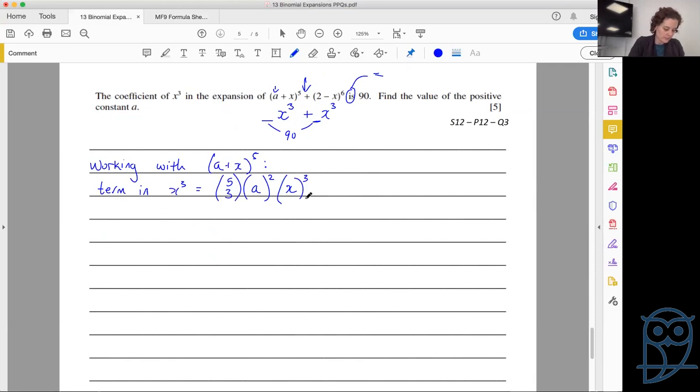So 5C3 is 10. So we have 10 a squared x cubed.